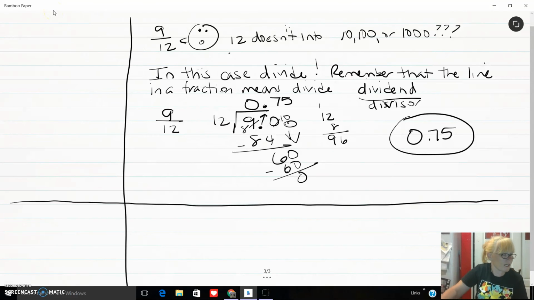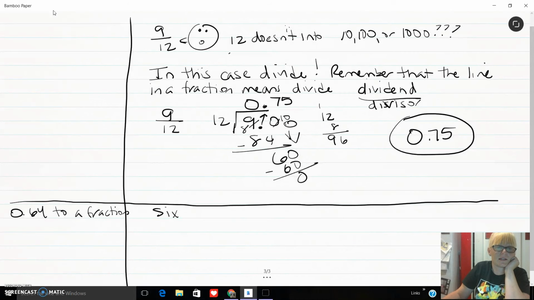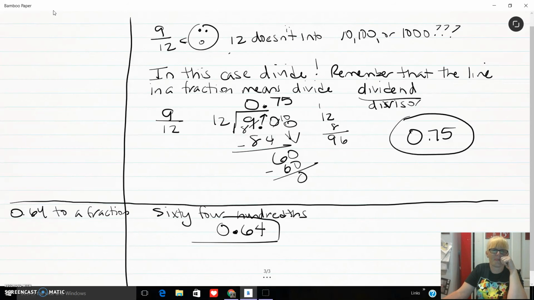All right, let's change 0.64 to a fraction. So I have 0.64, which reads 64 hundredths. So in my place value chart, I have the decimal and then a 6 and a 4. So cool. Oh, I was supposed to put it to a fraction.